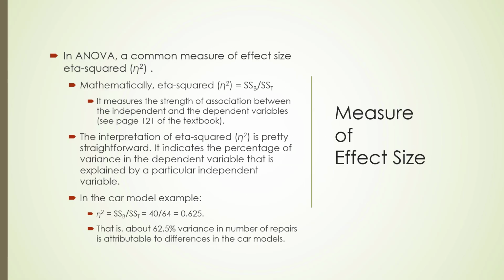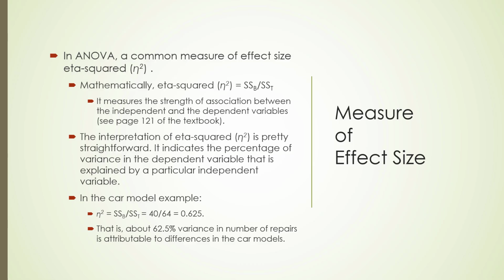As with any significance test, it's important to report effect size to show practical importance. There are different ways to measure effect size. In this course, we use eta squared as a measure of effect size in ANOVA.